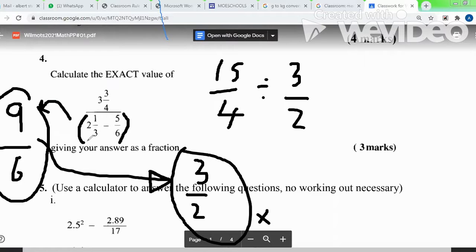Sorry, can I say something too? Go ahead. What I have is something totally different. She has 7 over 4 minus 5 over 6, right? So you find the lowest number. That's 7 over 3, right? The lowest number that can go into 3 and 6 without leaving a remainder.